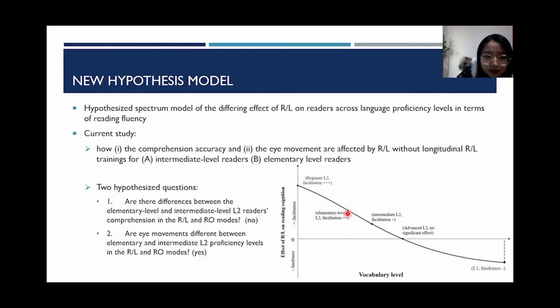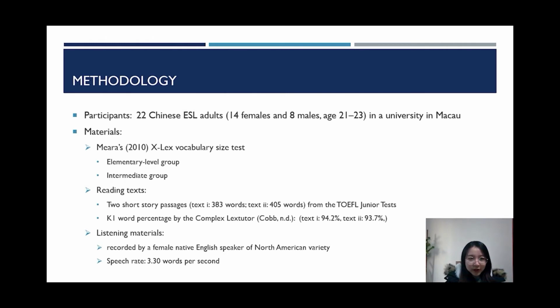This is based on the theoretical basis of the reading process that we just discussed. And in our study, we asked two questions. Are there differences between the elementary and intermediate L2 readers' comprehension? Are their eye movements also different? We recruited 22 Chinese ESL adults at the University of Macau, and the materials we used are first Meara's XLex vocabulary size test before the experiment, so that we can group the participants into two groups.